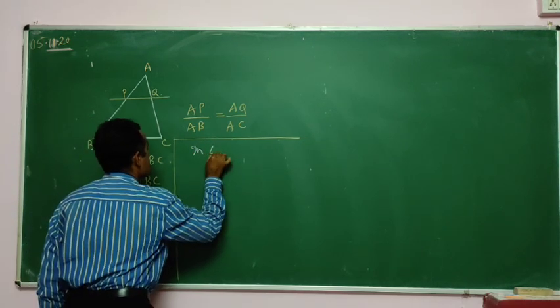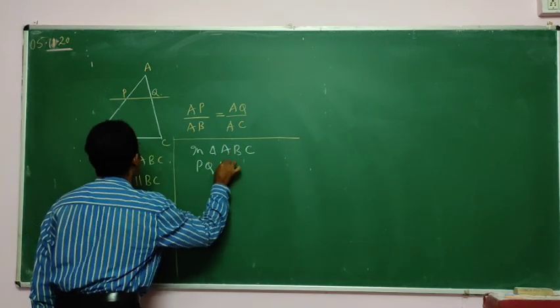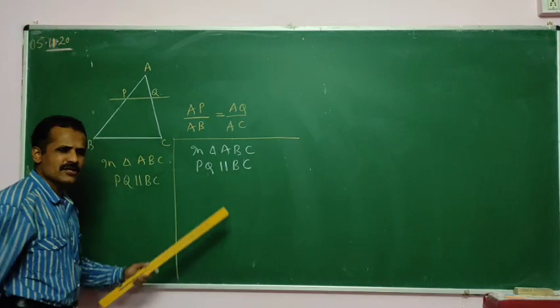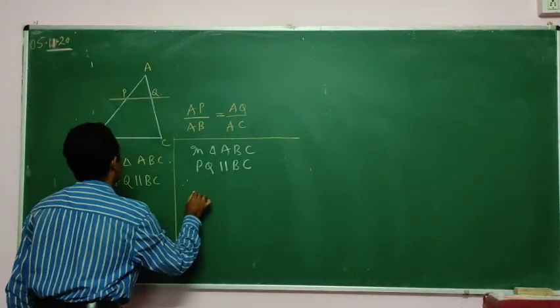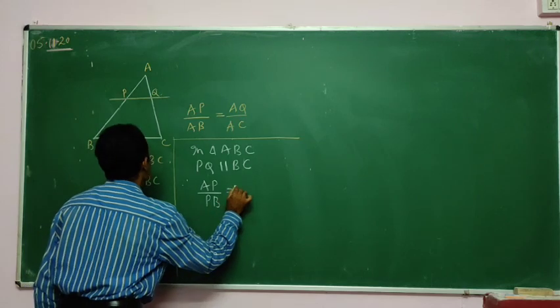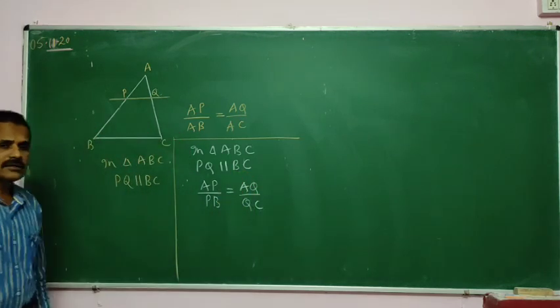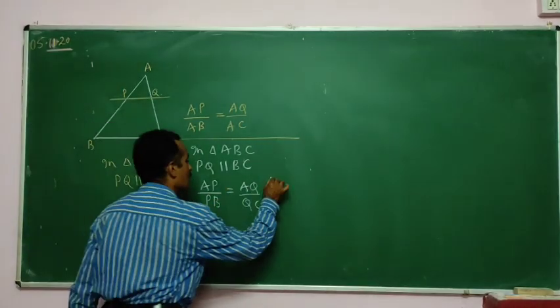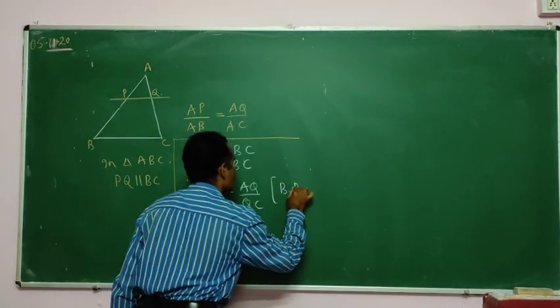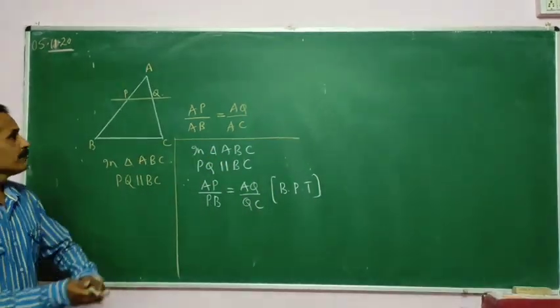In triangle ABC, PQ is parallel to BC. This is given. Therefore, I can write AP divided by PB is equal to AQ divided by QC. This is called the basic proportionality theorem, what we learned in the first video.